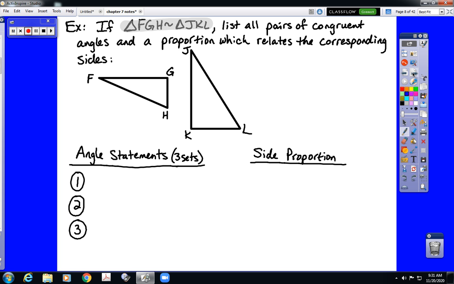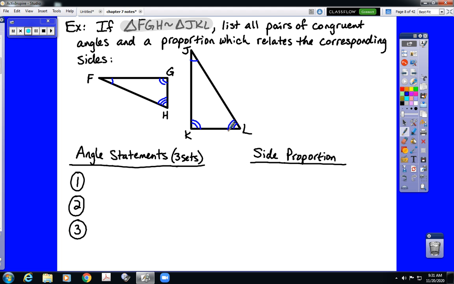So again, we can go to our picture right away and use the name to mark the congruent angles. Angle F is congruent to angle J because they're both first in the name. Angle G is congruent to angle K because they're both second in the name. And angle H is congruent to angle L because they are both third in the name.